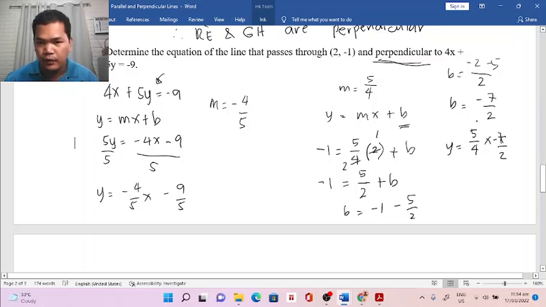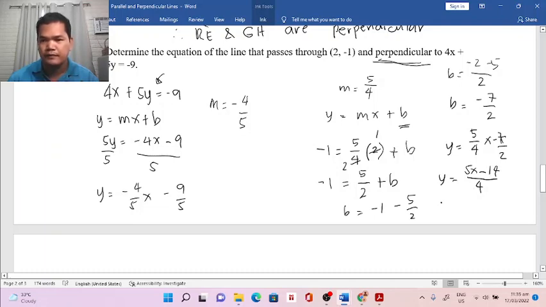So if we're going to have this, y = (5x - 14)/4, since 2 times -7 is -14.